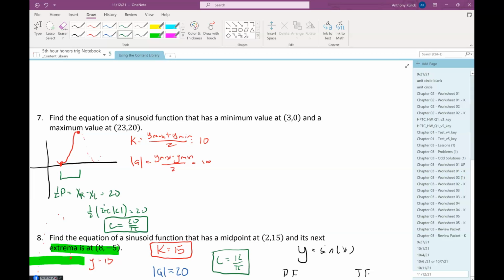If that's halfway, that's the same thing as half the distance between the two, right? Either way of thinking about it is fine. I like doing half the distance between the two, because then if I messed up my K, I don't get my A wrong. Because if I found the wrong K and I'm looking at the distance from one or the other to the K. Makes sense. But it's still doing the same thing.